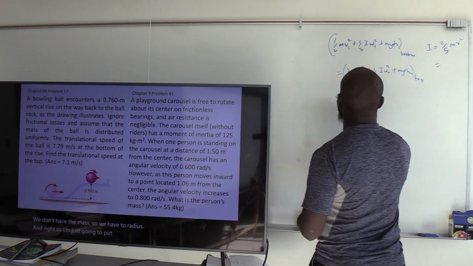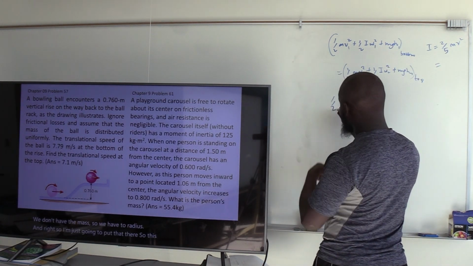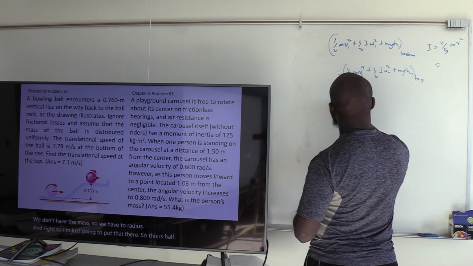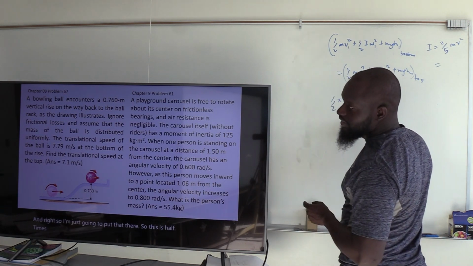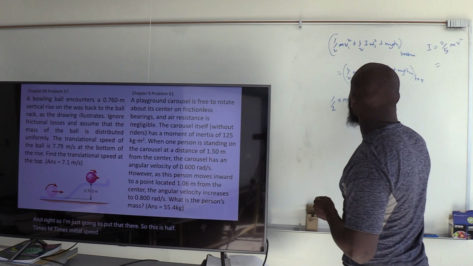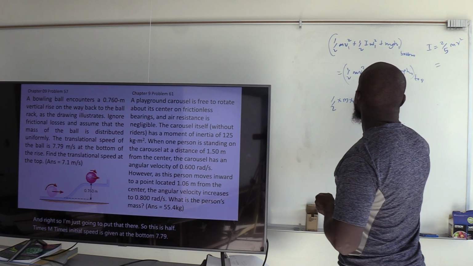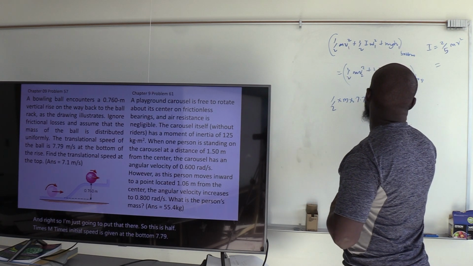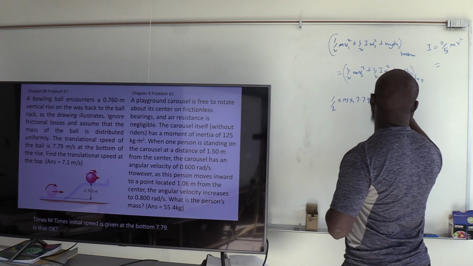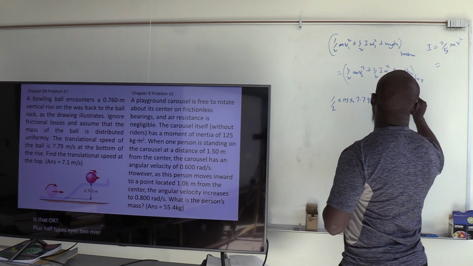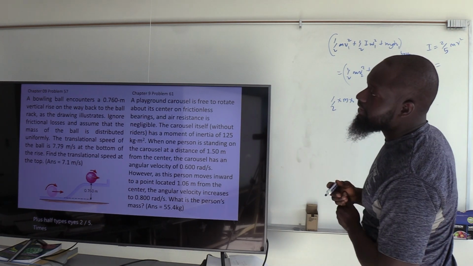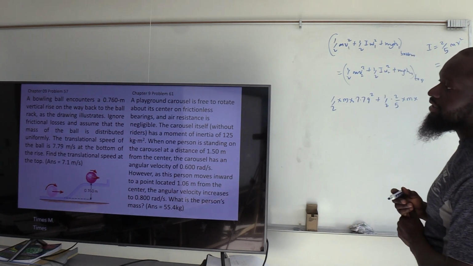So this is half times m times initial speed is given at the bottom, 7.79. Is that okay? Plus half times I is 2 over 5 times m times radius squared.